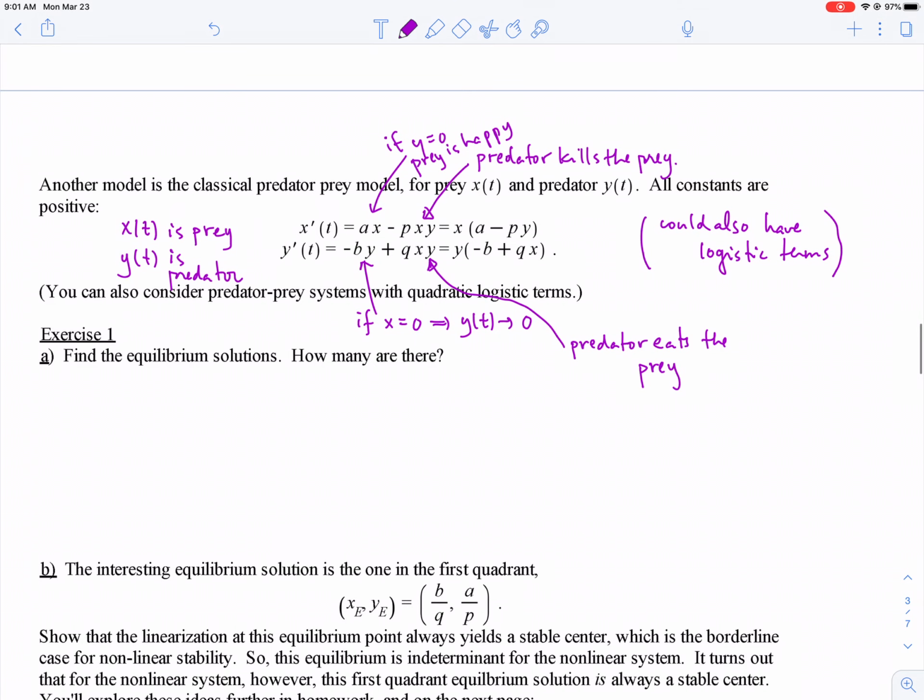Okay. So let's find the equilibrium solutions. That should be second nature by now. So we make our usual chart. F and G have to be 0.